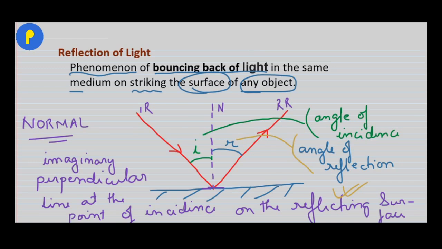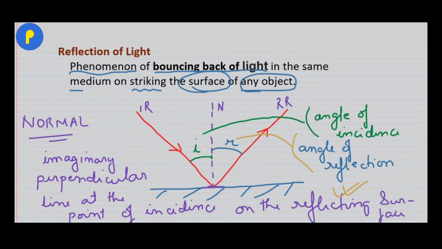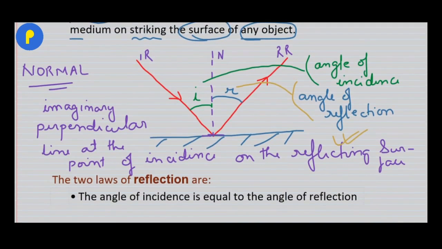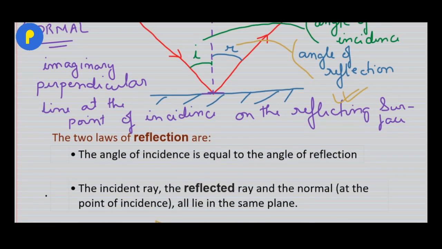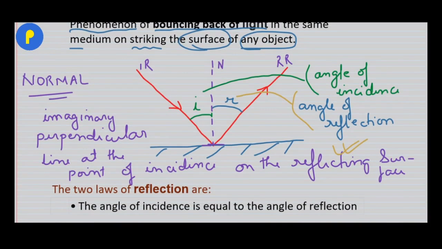Now let's discuss the laws of reflection, the two laws of reflection. Here we have two laws. Now we shall discuss one by one. First of all, I need this diagram, that's why. We have that the angle of incidence is equal to the angle of reflection.